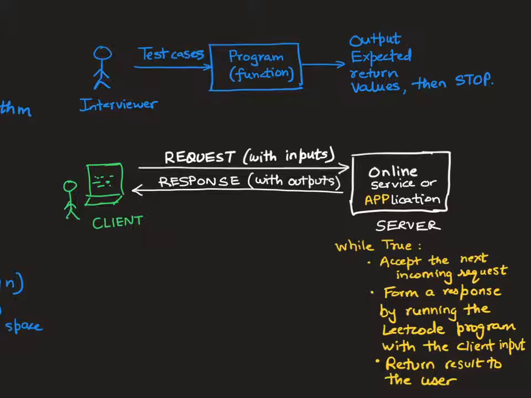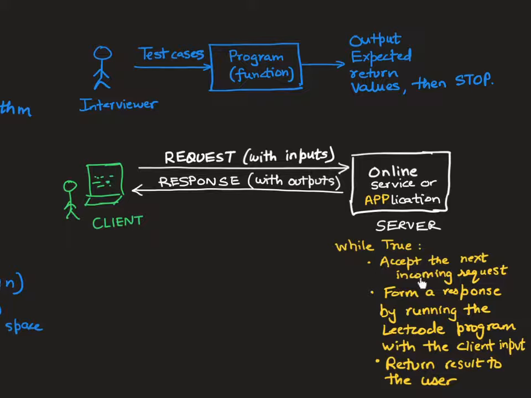Now, one difference between the client and the server programs here is that our server program is always actively listening for new client requests. It is always on. It's running this infinite while loop, conceptually speaking.